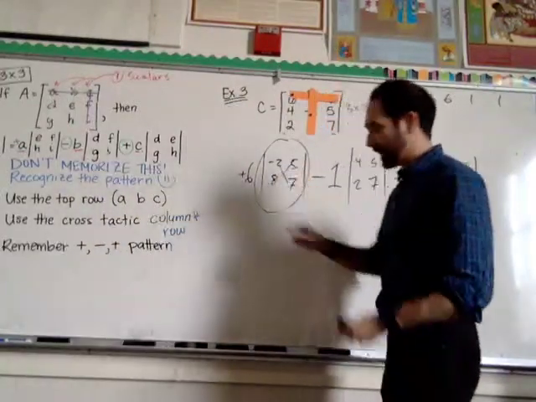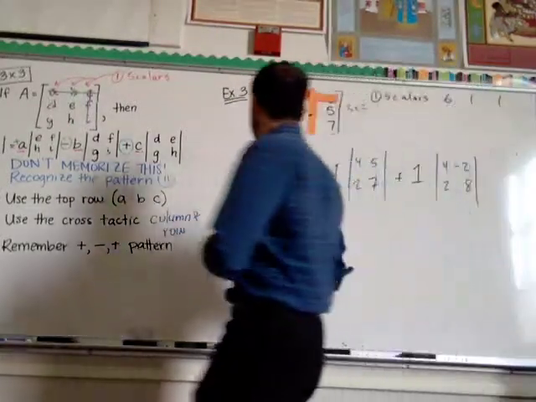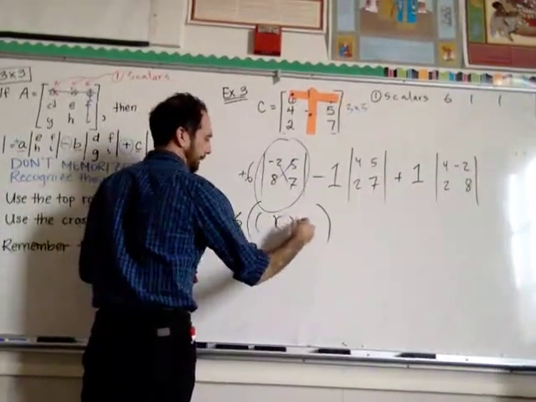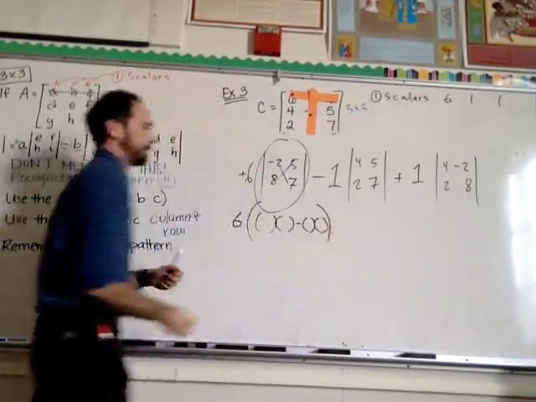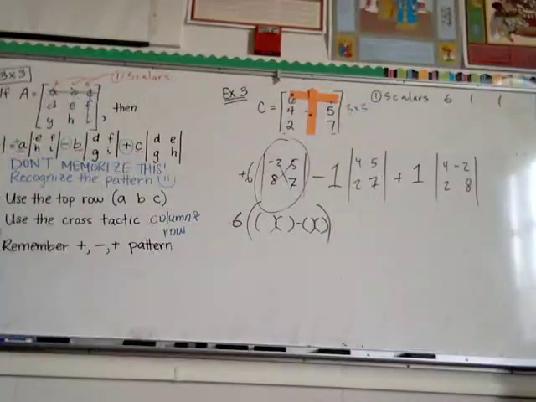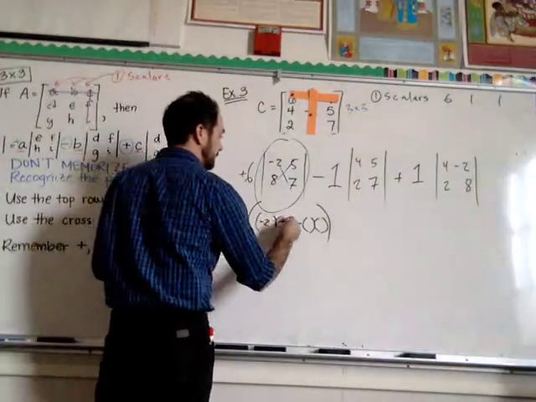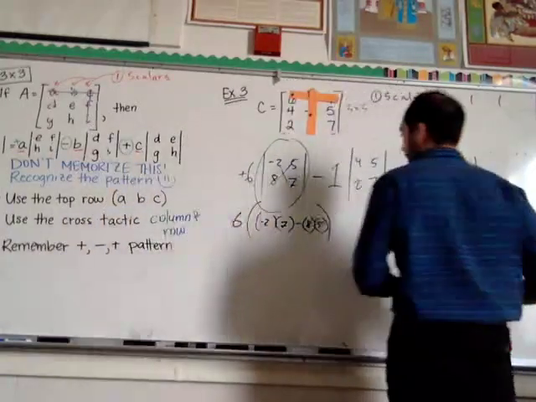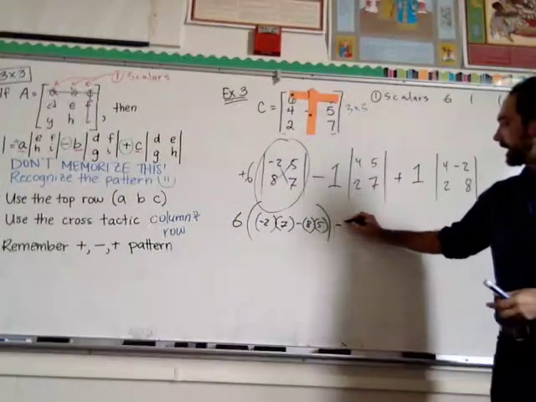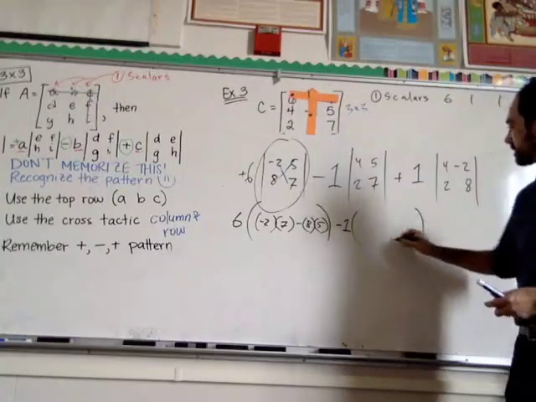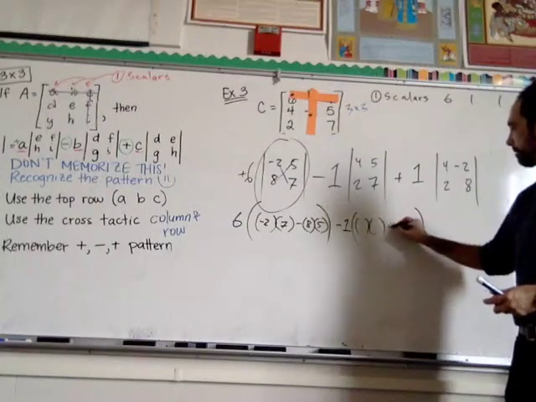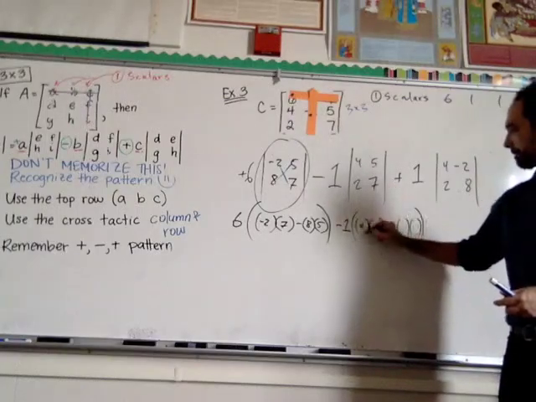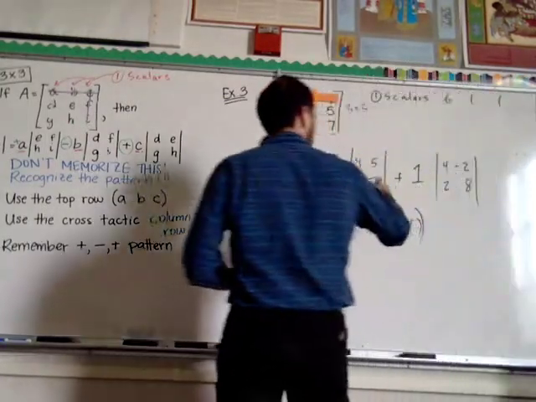So I look here and we have 6 times. You see how I'm setting that up? It ends up being -2 and 7, 8 and 5. We can work that out. That's no problem. -1 times 4 times 7, 5 times 7.